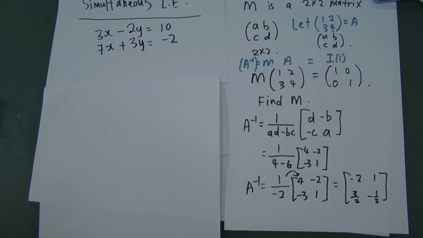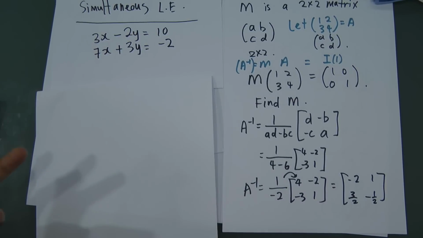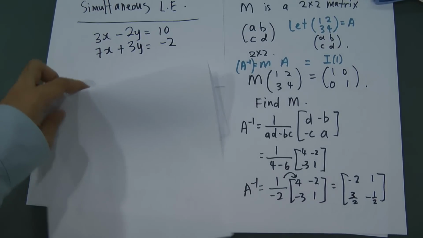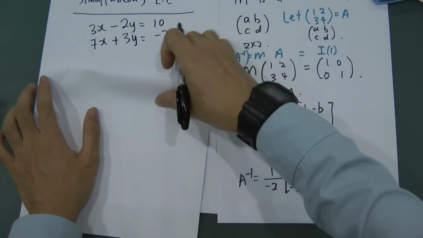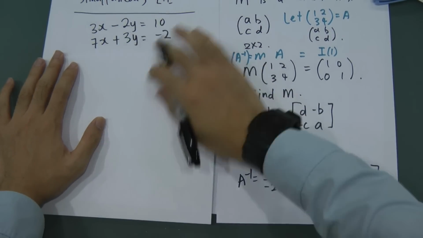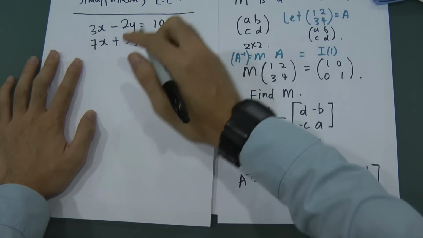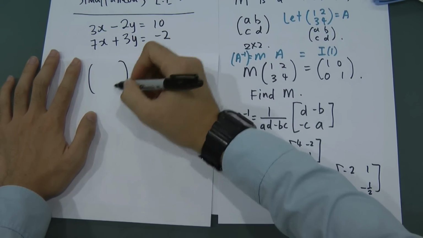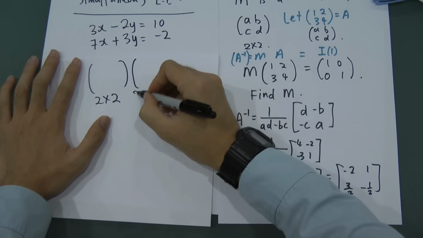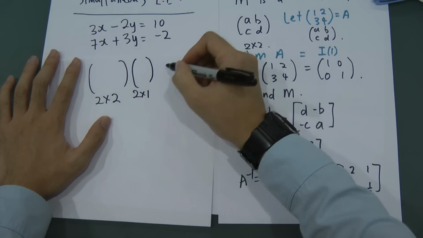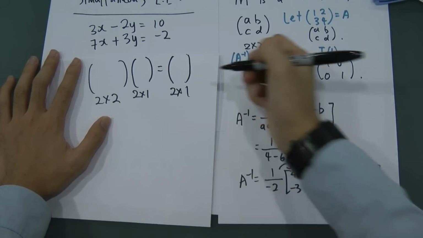And then he asks you to solve this simultaneous linear equation using the matrix. So here the very important thing you have to do is write this in matrix form. You will have a 2 by 2 matrix multiplied with a 2 by 1 matrix, and then you will get a 2 by 1 matrix.